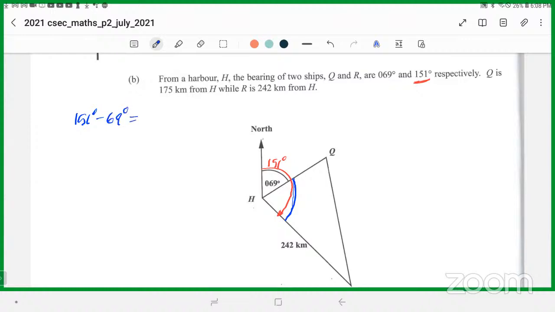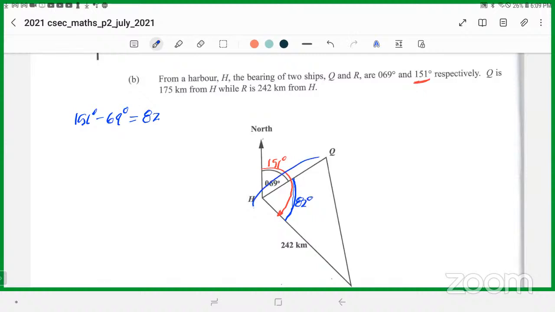Sometimes I just write the calculation on the page for them to see. 151 minus 69, that's 82 degrees. So the angle inside here is 82 degrees.